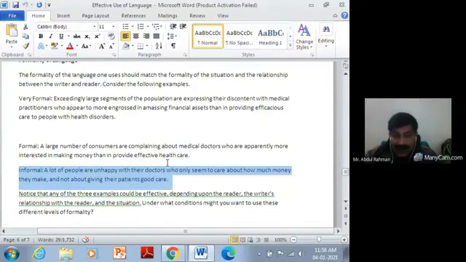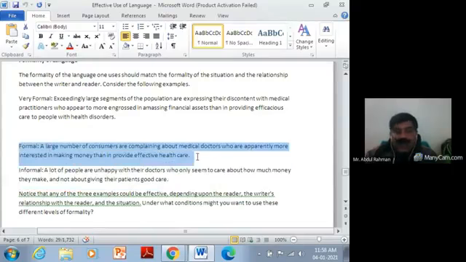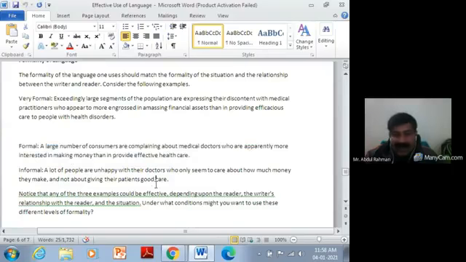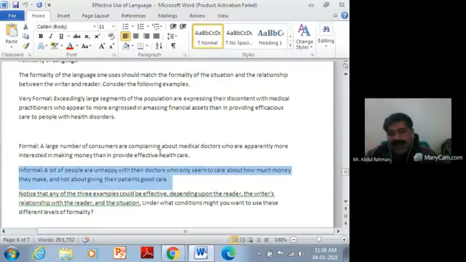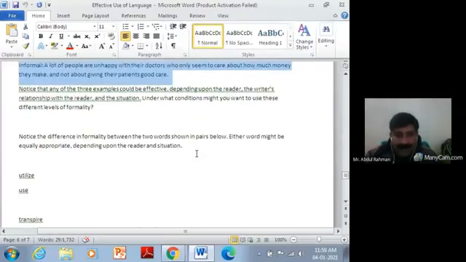So, what language do you have to use? You have to select the formal type of language. It shouldn't be very formal and at the same time it should not be informal. Rather, use formal language with appropriate tone and style, right?